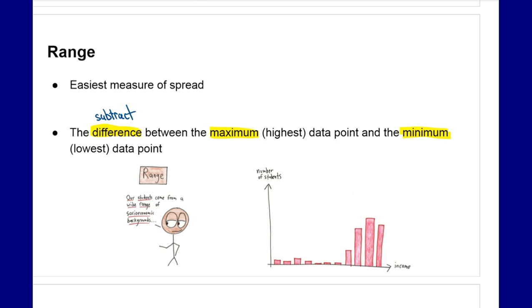And when we look at the actual data, we find that yes, they do come from a wide variety, from low to high and everything in the middle. However, when you look at the actual number of students from those different backgrounds, it's kind of disproportionate, and it's more high socioeconomic backgrounds that are in this class or in the school. So the range can be misleading.